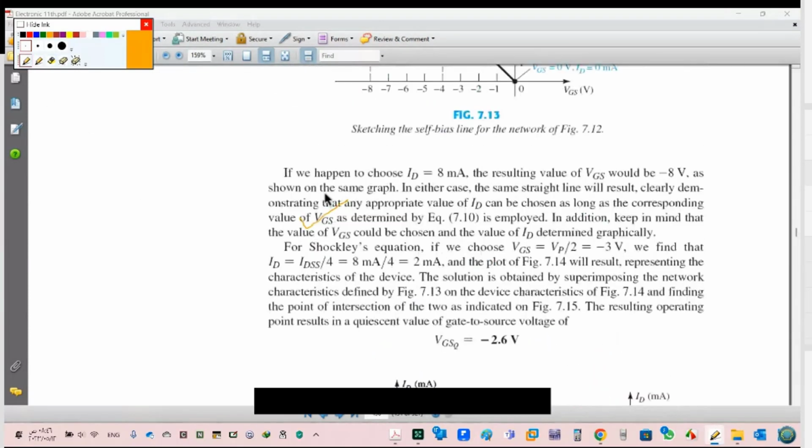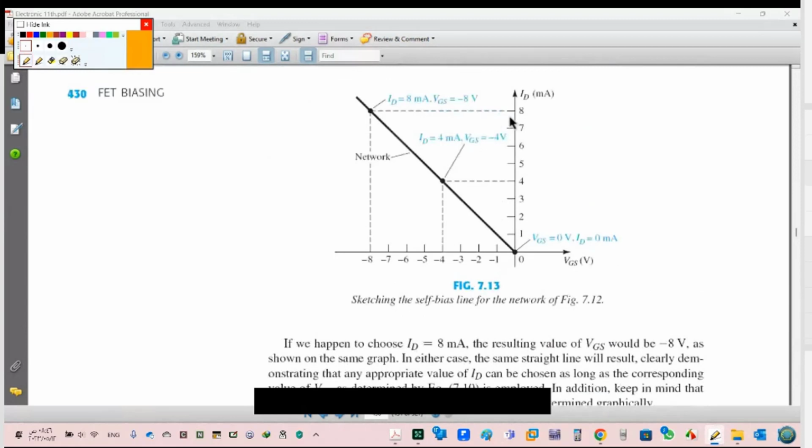So what he said to us is, if we happen to choose ID equal 8 milliamperes, make a line with another point. See, the VGS should be minus 8 volts. Choose, calculate.